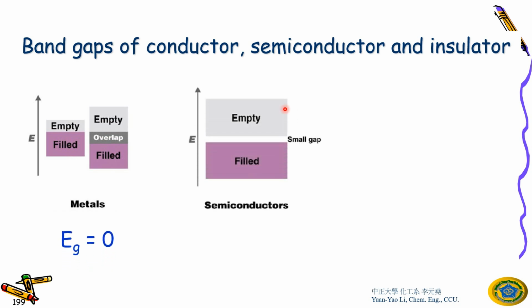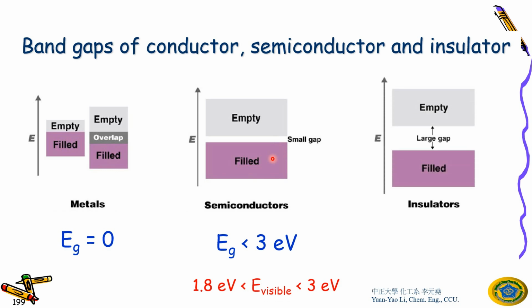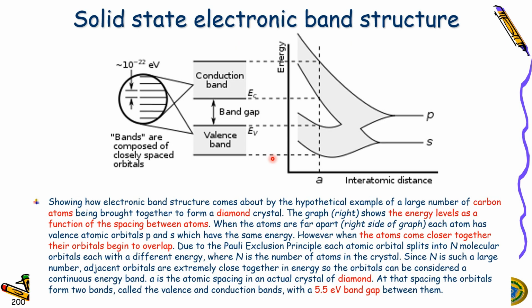For a semiconductor, you have a small gap between the valence band and the conduction band, less than 3 electron volt. And this is the insulator, where the band gap is more than 3 electron volt.